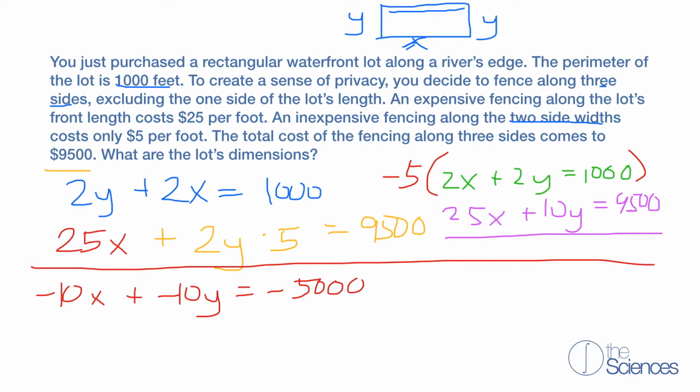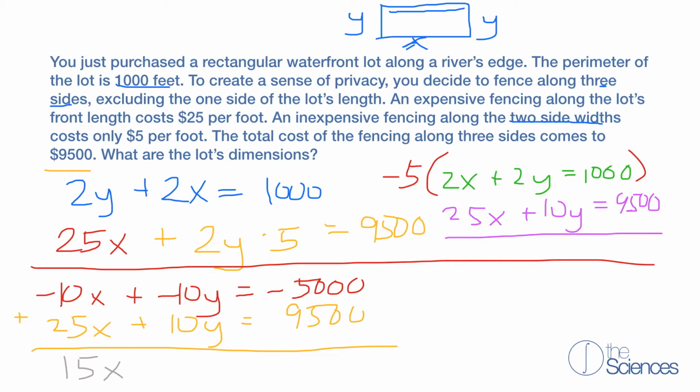And in our second equation we have 25x plus 10y equals 9,500. So now when we add, we have negative 10x plus 25x, which is 15x. Negative 10y plus 10y is 0, equals negative 5,000 plus 9,500 is 4,500.